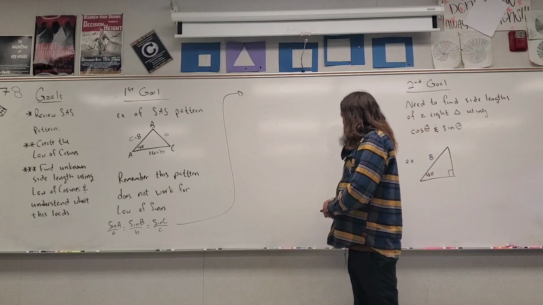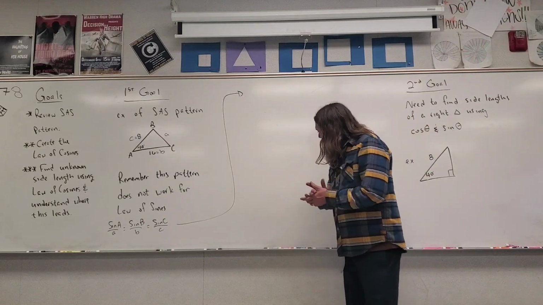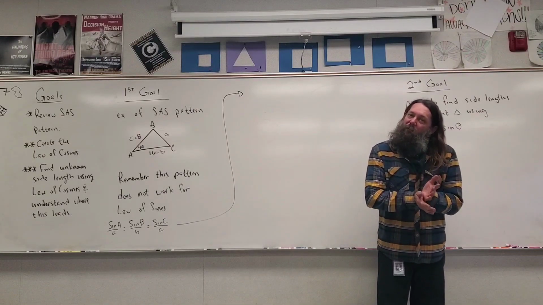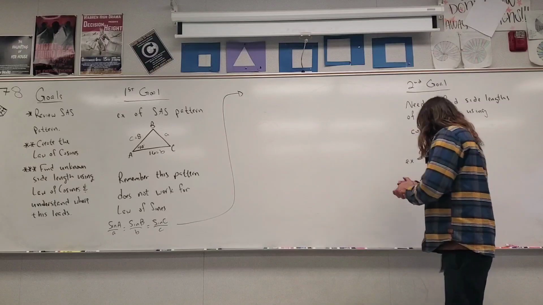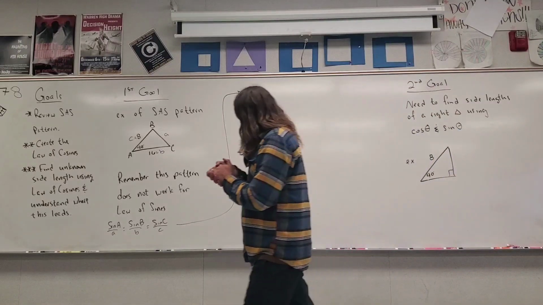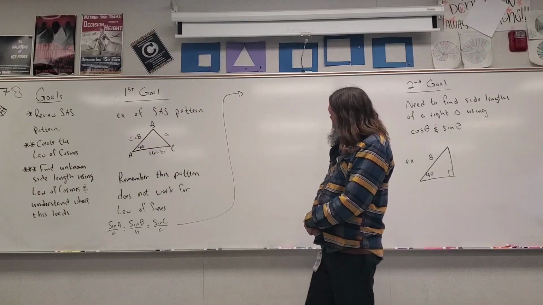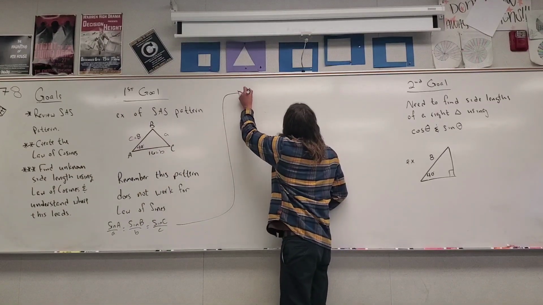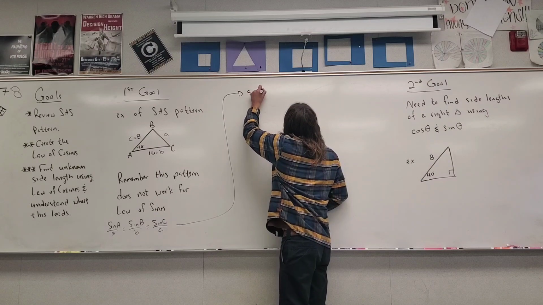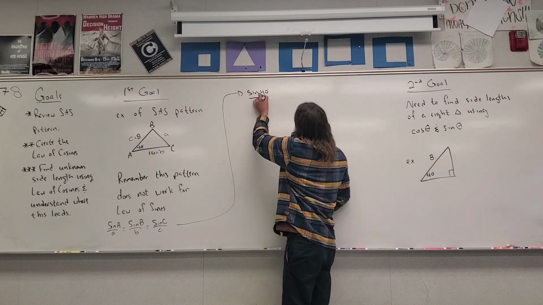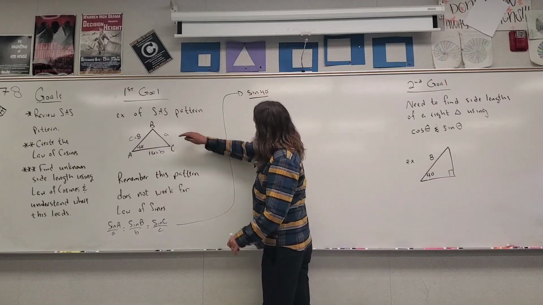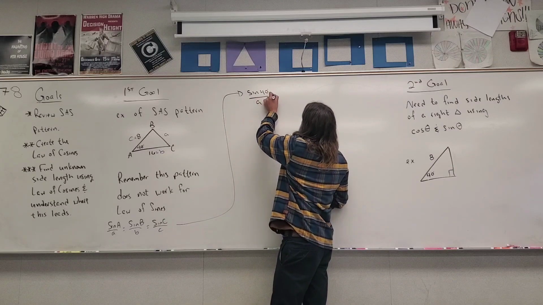So let's go ahead and set up the law of sines just to reinforce that it does not work for this. So sine of angle A is going to be sine of 40 degrees. And we're going to divide that by the length of its opposite length, which is just A, we don't know.